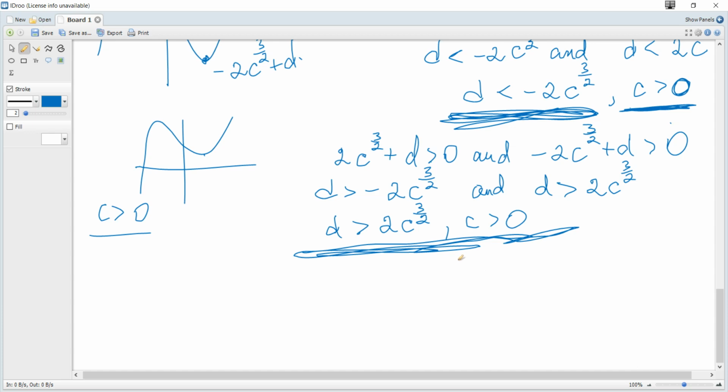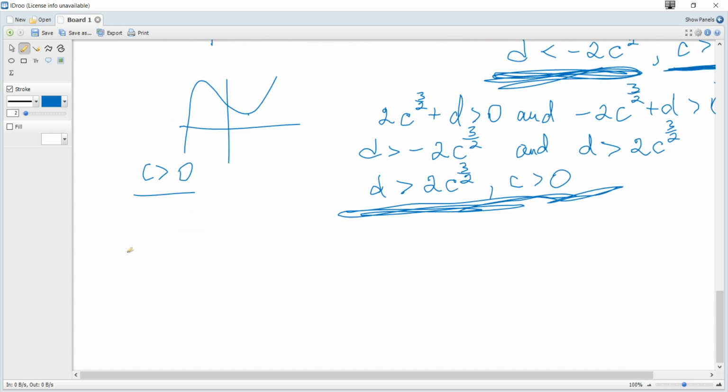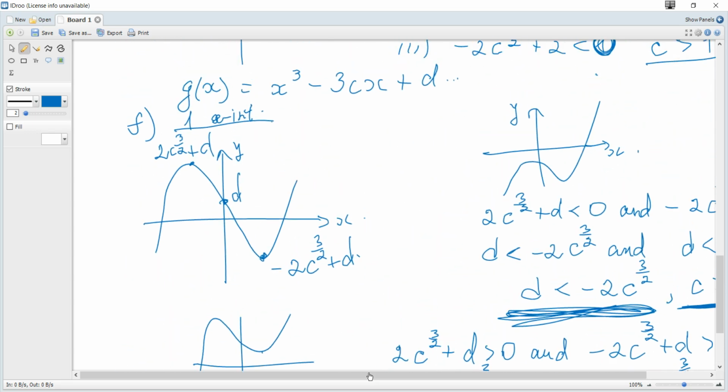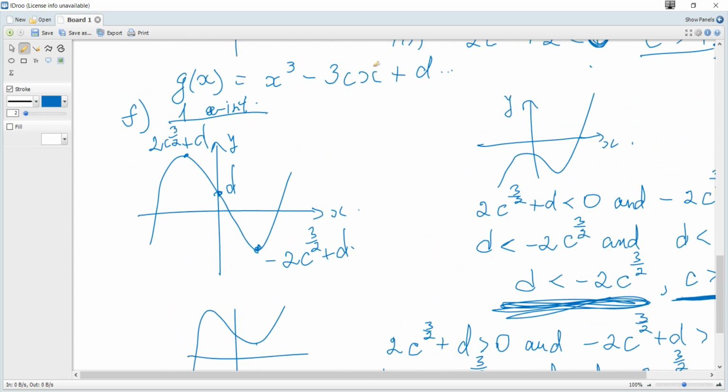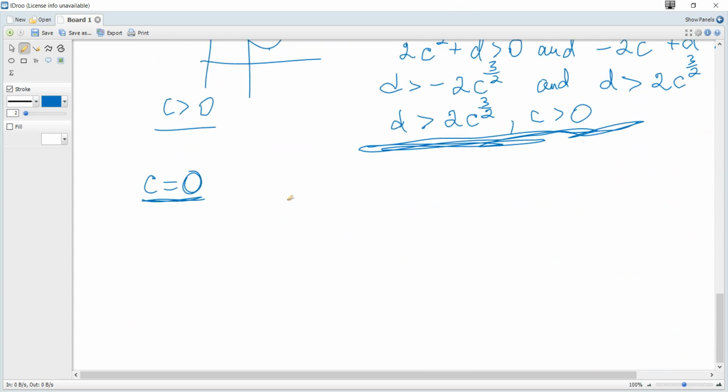And let's consider when c is 0. When c is 0, our function becomes just x cubed plus d. And what is x cubed plus d? It's just x cubed, which looks like this. It's x cubed, but x cubed plus d is just shifted d units up or downwards. It doesn't matter.